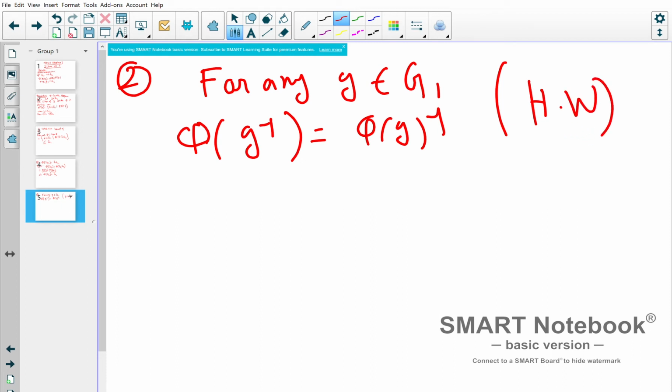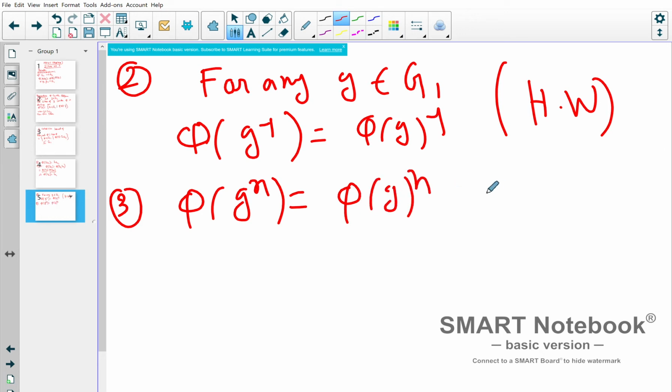Similarly, you can have it for any power of any element: phi of g to the n is phi of g to the n. This is true for all g belonging to G1.